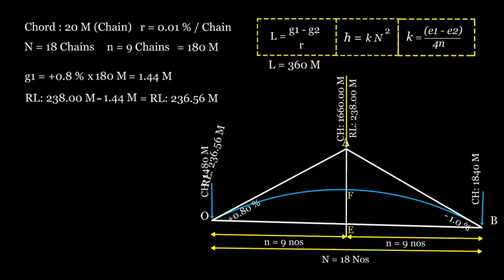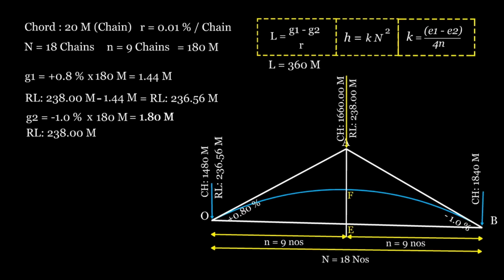For the second tangent point, G2 equals minus 1%. The length of the tangent from the apex is 180 meters. The difference in elevation equals minus 1% times 180 meters, which equals minus 1.8 meters. The RL of tangent 2 equals the RL of the intersection point minus 1.8 meters, that is 236.2 meters.